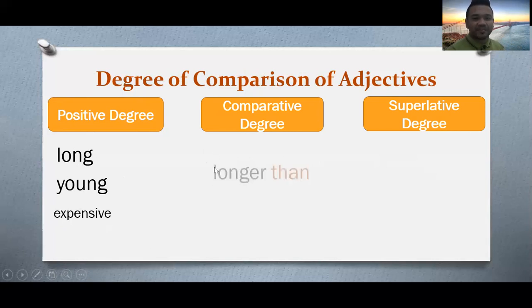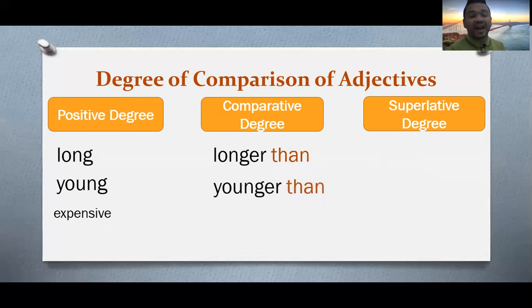Let's take a look. We have longer than, younger than, more expensive than. Observe the format, the structure from positive degree to comparative degree. Take a look. Long, we add here er and then than.